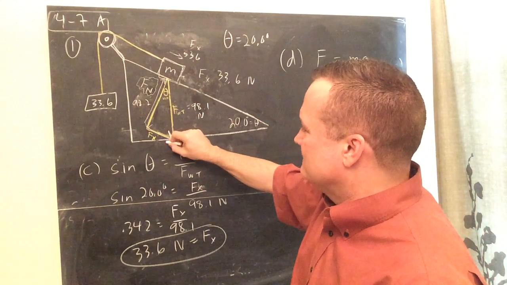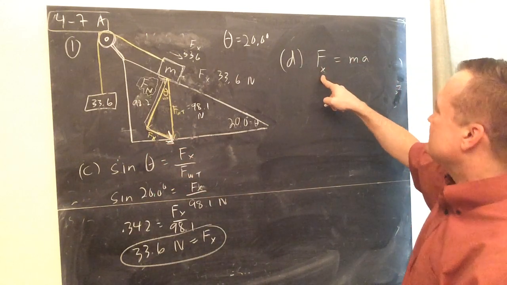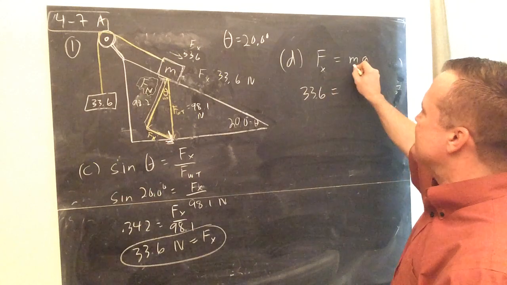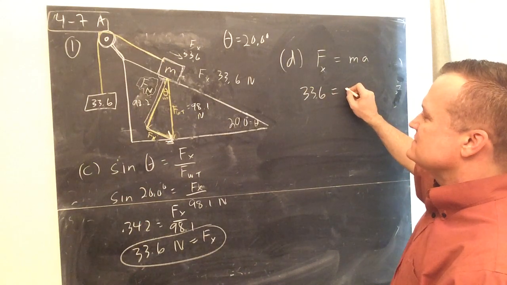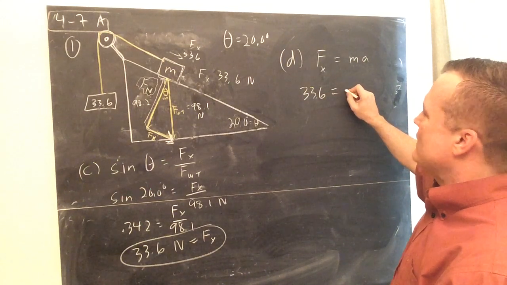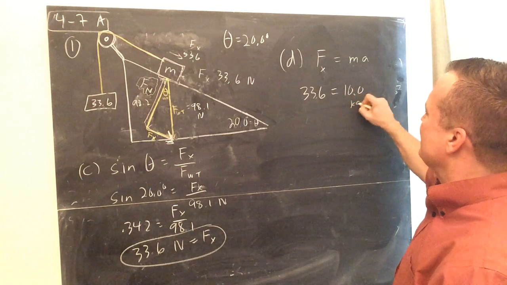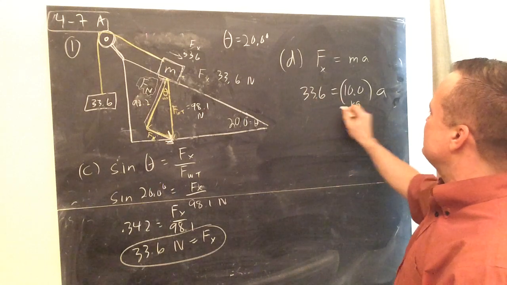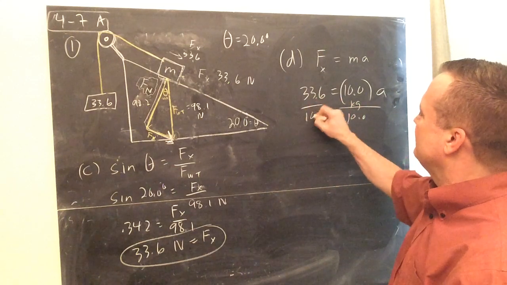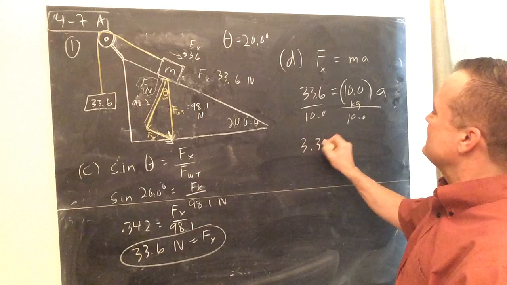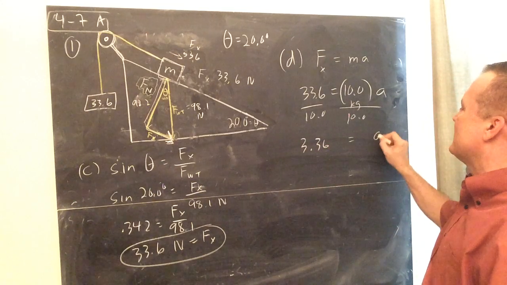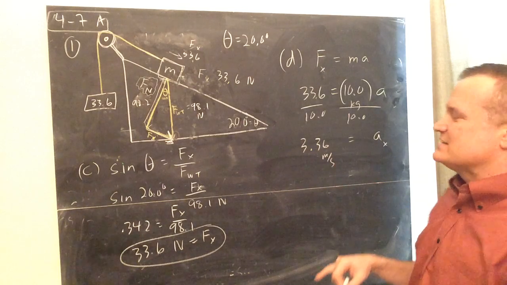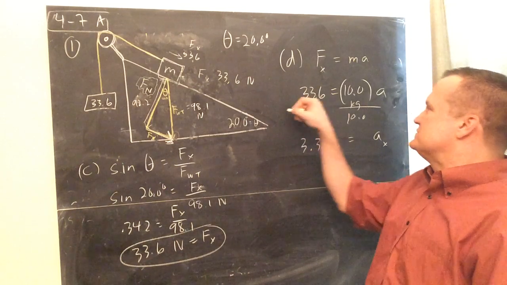So, Fx, I'm going to put in that force, 33.6, equals m. The mass was 10 kilograms times a. So 33.6 divided by 10. I don't need a calculator for that. Do I? No. 3.36. Hey, have you seen that number before? That's the number we saw at the beginning as well. So that's the way you can get it. You can just divide it out.